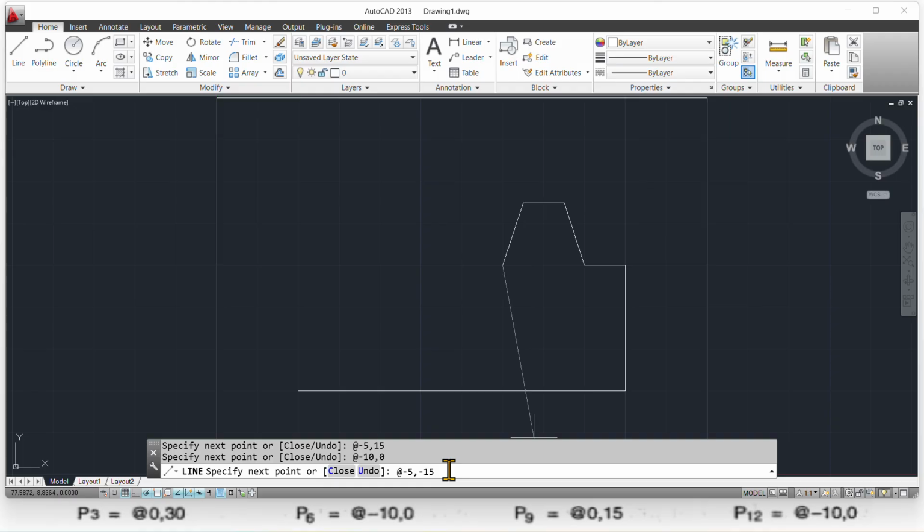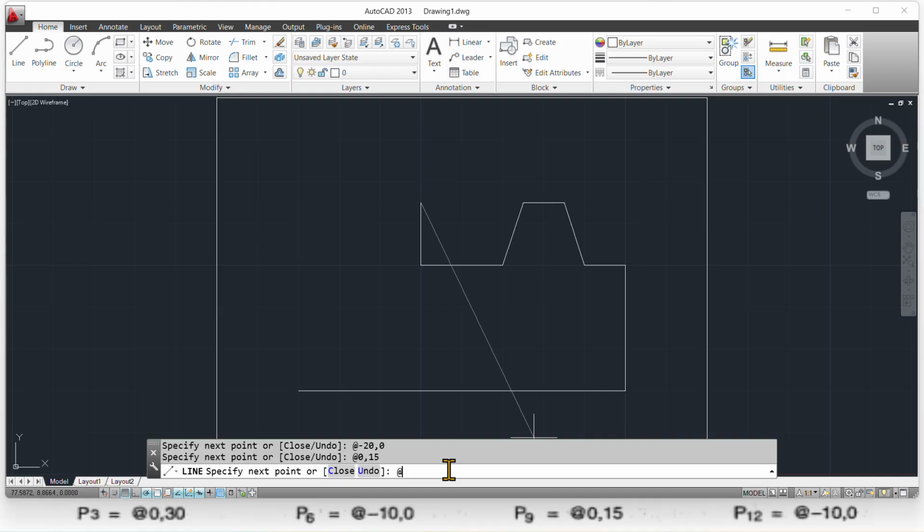Press enter. Now again we move in the negative x direction, at a distance of minus 20, and we are not moving in any y direction, that is 0. Then we move only vertically upward, where the x value is 0 and the y value is 15, a positive y distance.